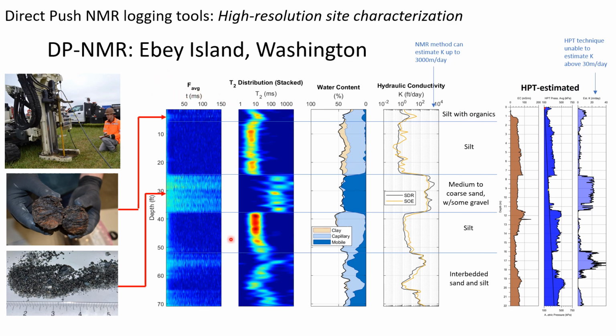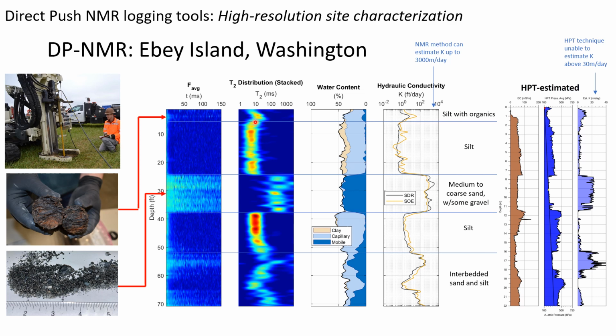Here's the average NMR signal, which provides very different signatures along depth, and you can basically differentiate between silt with some organics and the very shallow subsurface here, which has specific characteristics.